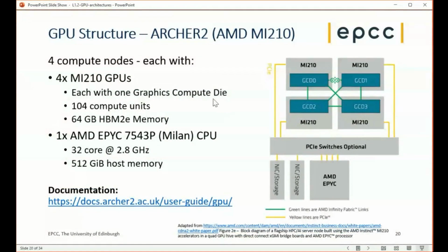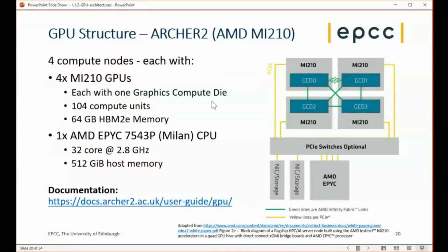Now on ARCHER2, the GPUs are very much for development. ARCHER2 is basically a large CPU platform with 750,000 CPU cores, but for development we have these 4 compute nodes. Each of them has 4 of these MI210 GPUs, and each one has 104 compute units and 64 GB of memory.